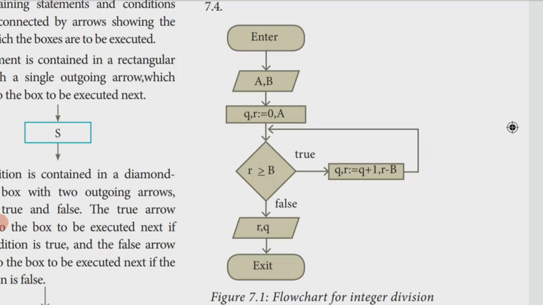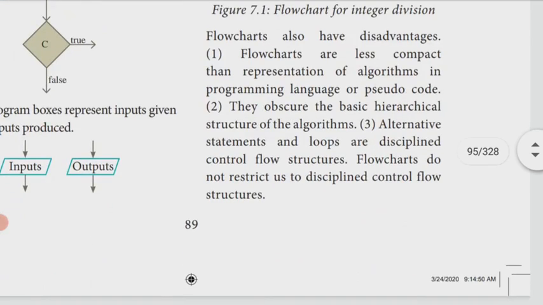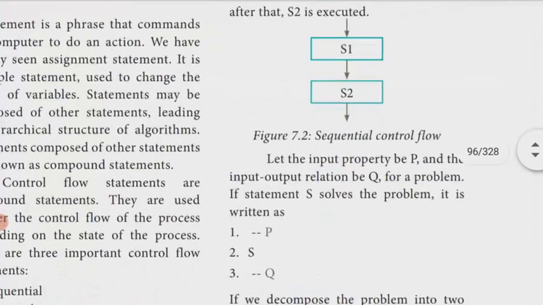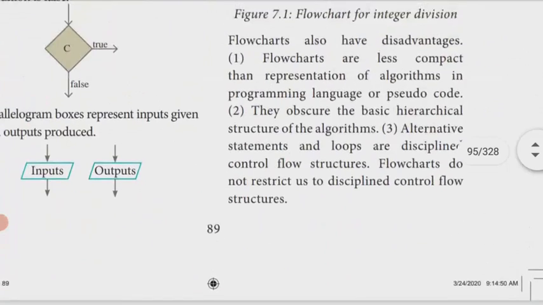Then if it is false, we write the quotient and remainder. We can explain this with a simple step.